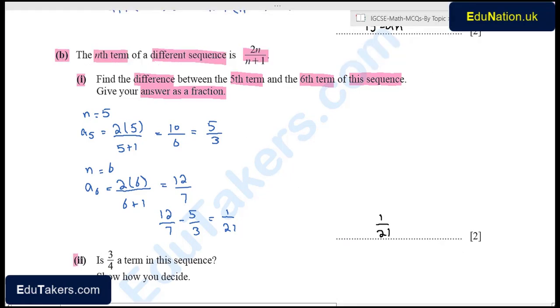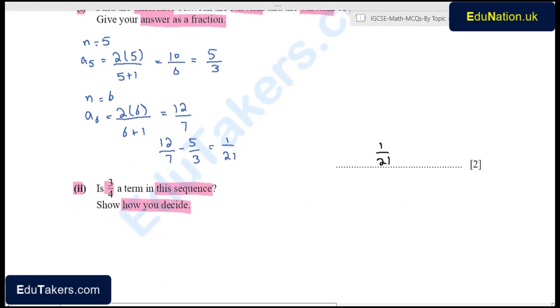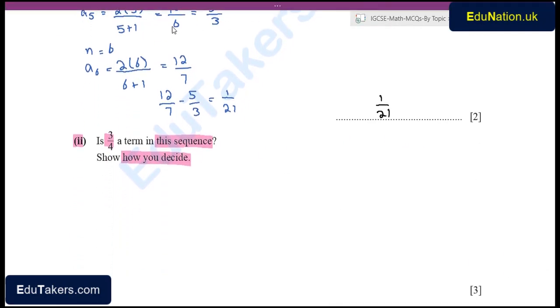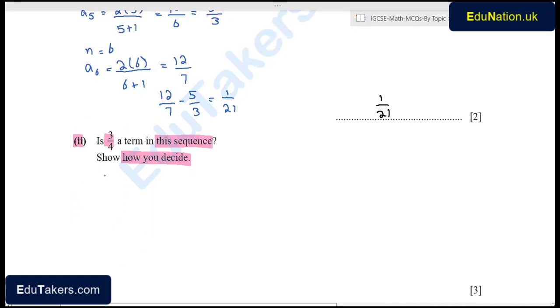Its second part is: is 3 over 4 a term in this sequence? Show how you decide. The sequence is 2n over n plus 1 equal to 3 over 4.